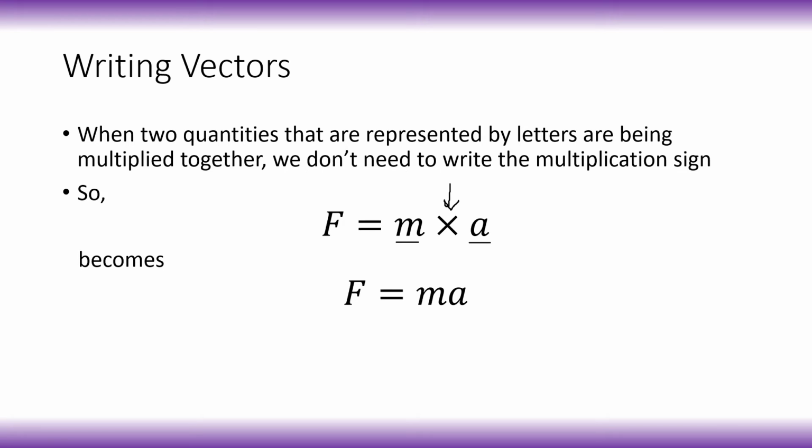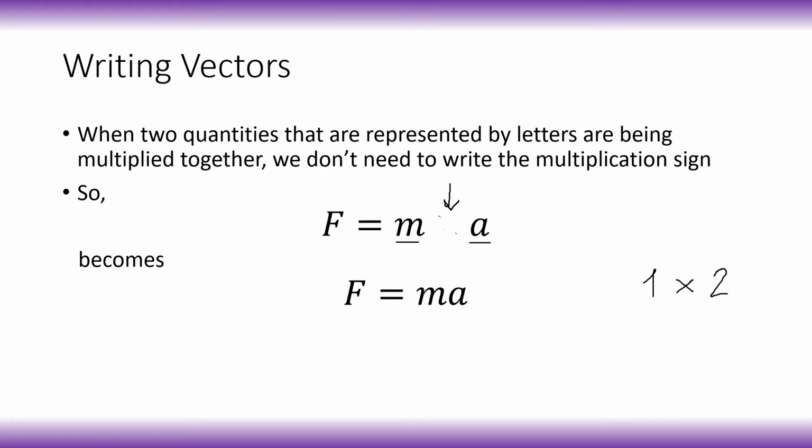So if I take my white thing, I can get rid of this multiplication sign here, and it doesn't change what's going on in the problem. It's still mass times acceleration. The reason we need to have that multiplication sign when we're working with numbers is that if I write a 1 and I want to multiply it by 2, I can't just smush those numbers together, then it'll look like a 12. So I have to put something in the middle to show that it's multiplication.